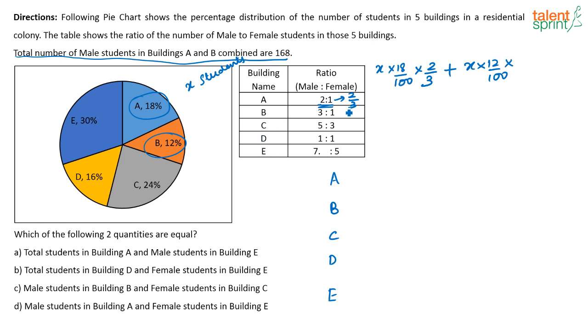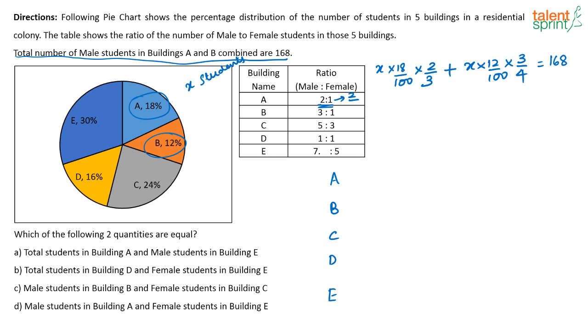If there are 4 people altogether in building B, 3 of them are male, or 3/4 of the total number of people in building B are male. The sum of the male members in building A plus male members in building B is equal to 168.